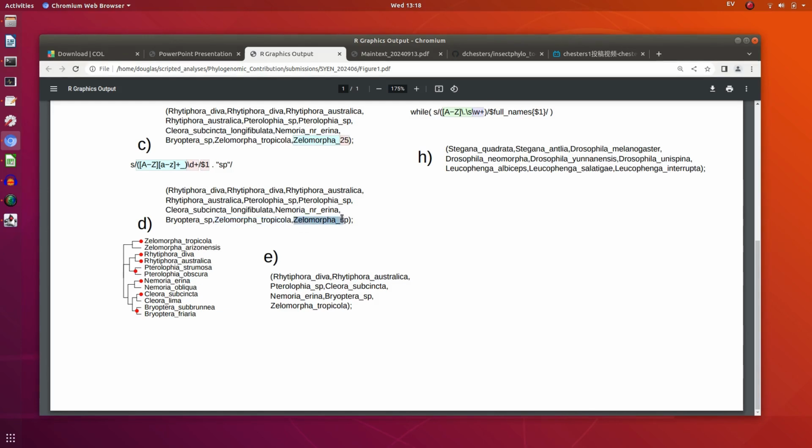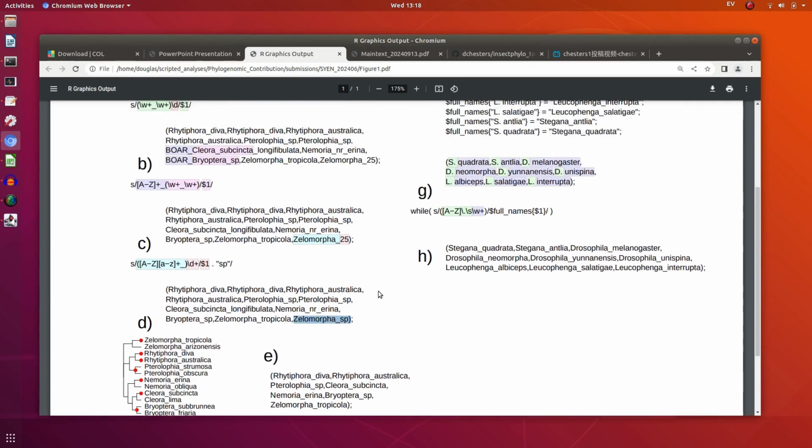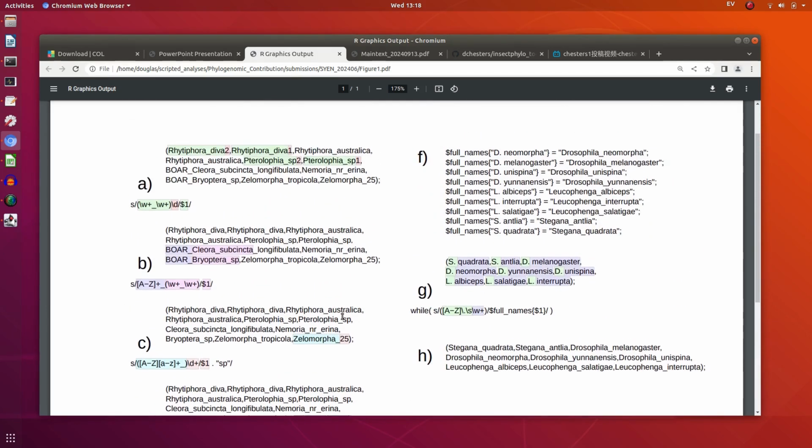So I call these species ambiguous congeners, and these are removed. There can be a lot of them, but we just don't have the information to assign them to species, and as I say, they could be the same thing anyway. We wouldn't know that, so that needs to be removed.